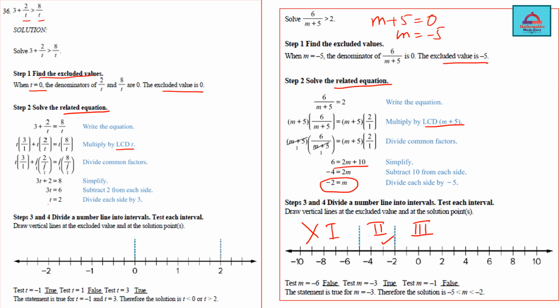So minus 5 to minus 2 is definitely the solution set. So m lying between minus 5 to minus 2 is selected. And if you take a test point in the last interval, say m equal to minus 1, this is again false. So I'm going to remove this interval, and the only solution here is m lying between minus 5 to minus 2.